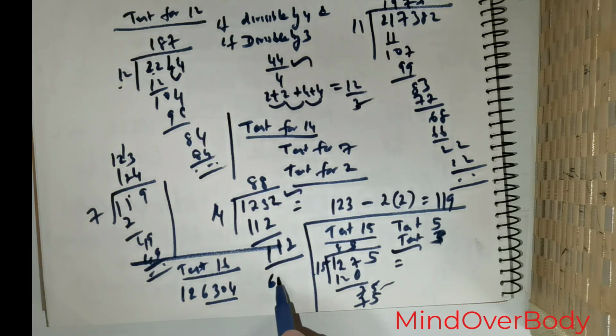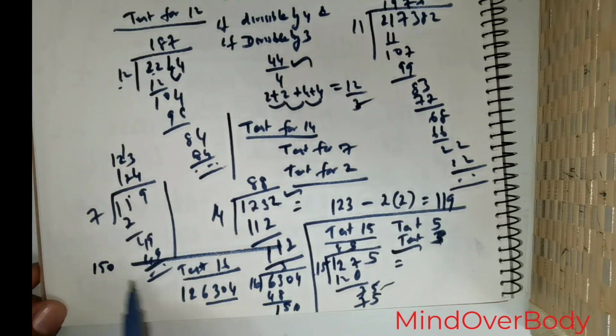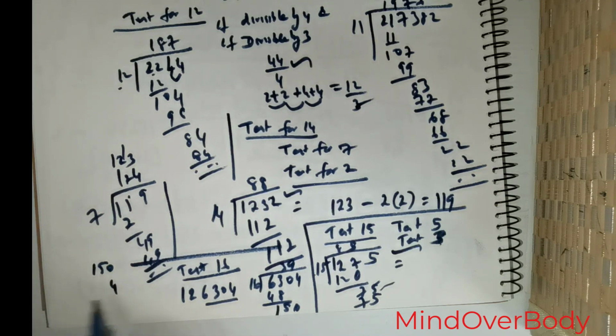Now let me just show it to you. So 6304, I get a 16 here. 3 times 6 is 18, 3 times 1 is 3, 3 times 4 is 12... you get 9 times, 9 6s are 54, 9 ones are 9, and you get 144, and this 6 and 4.